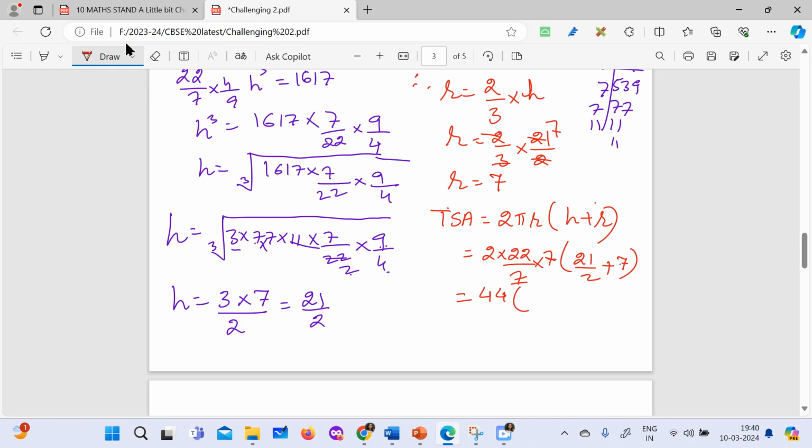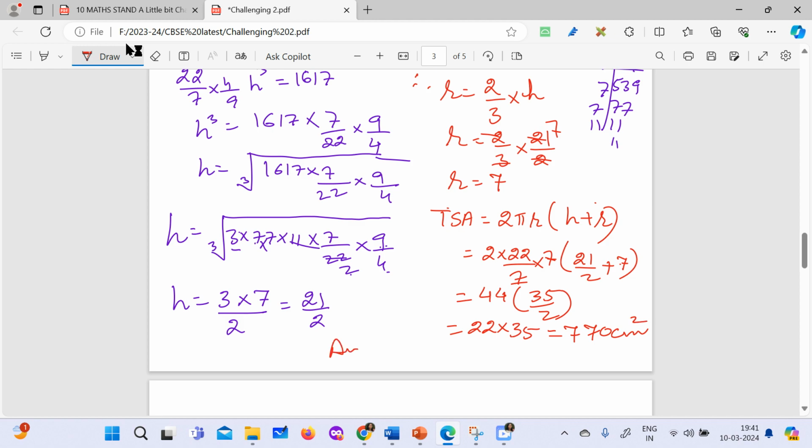So we have here 14 plus 21 is 35 over 2. That will give us 22 times 35, and we get here 770 centimeter square.